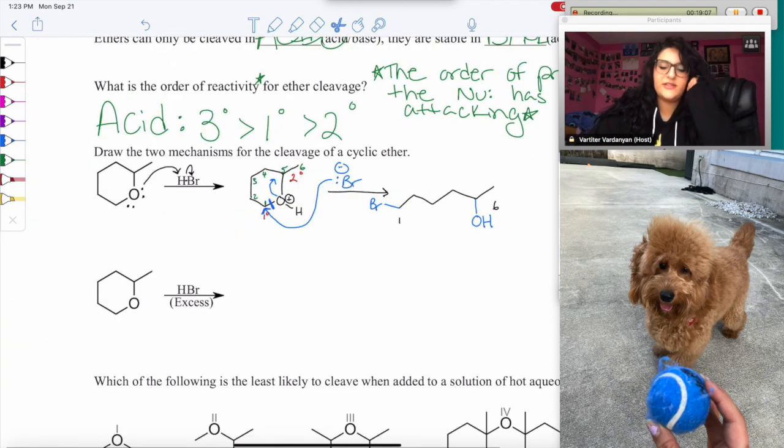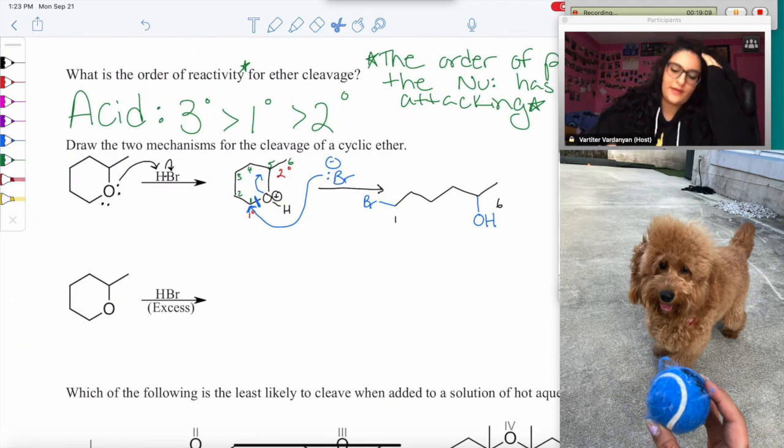So I'll go through and explain it really quickly one more time. So in the first step, we activated our oxygen and made it OH+. And then we had our Br-, which will act like a nucleophile. And between the secondary position and the primary position, it will choose to attack primary because it was an acid and it's a pain in the ass.